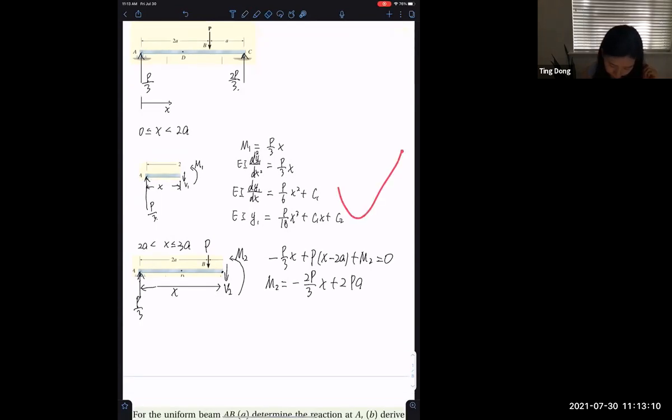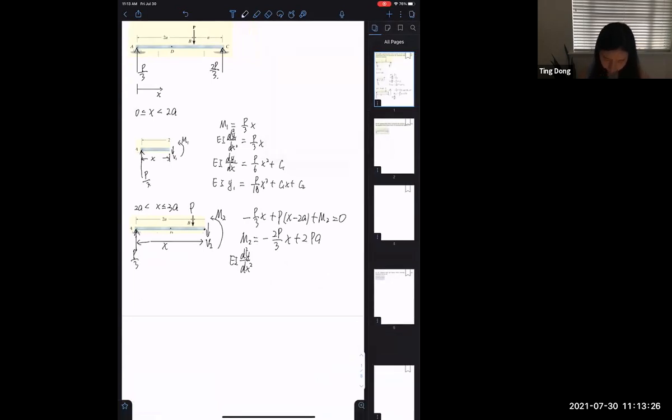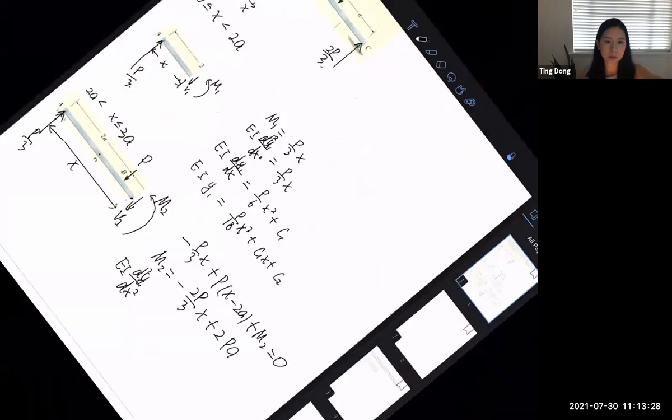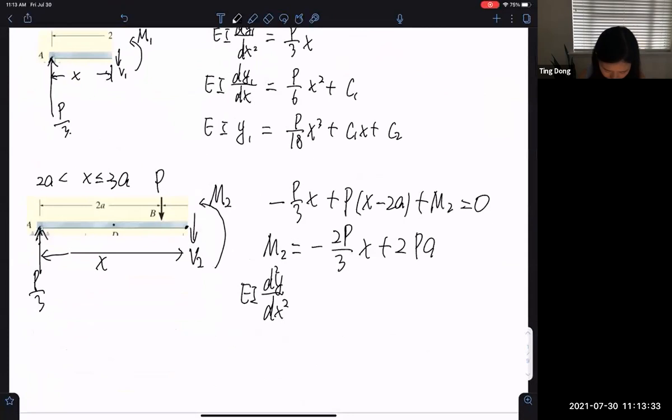So we do the same thing as here. Bending moment is equal to EI times the deflection second derivative, equal to -2P/3 x + 2Pa.